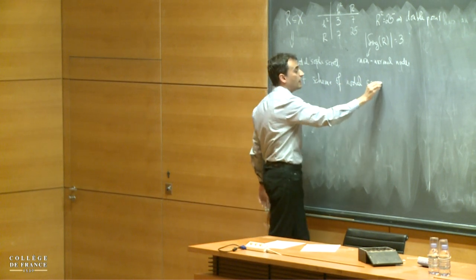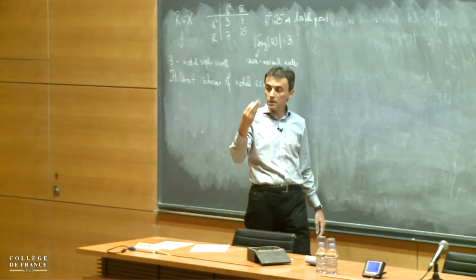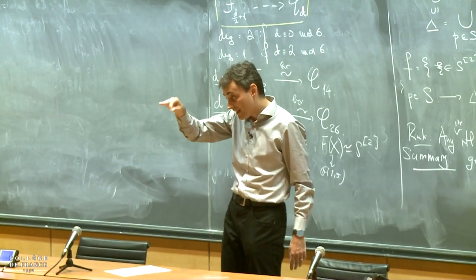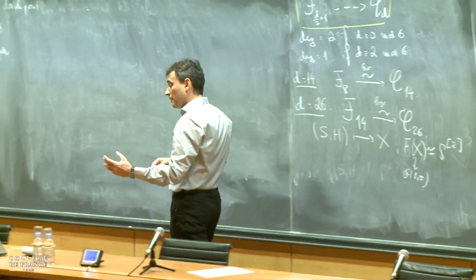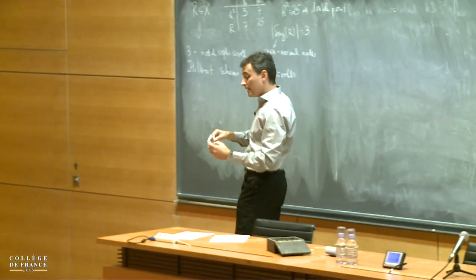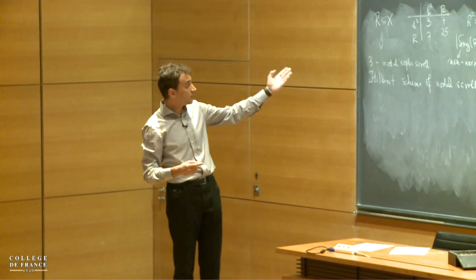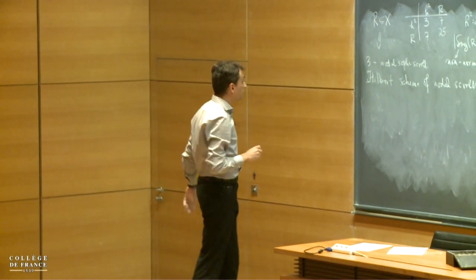well, how do you get a nodal scroll? You take a smooth scroll of degree 7, so if it's of degree 7, then it will naturally lie in P8, and then you project from a 2-plane that intersects the secant variety of the scroll 3 times, and those points of intersection will correspond to the nodes. So this is not difficult to realize.